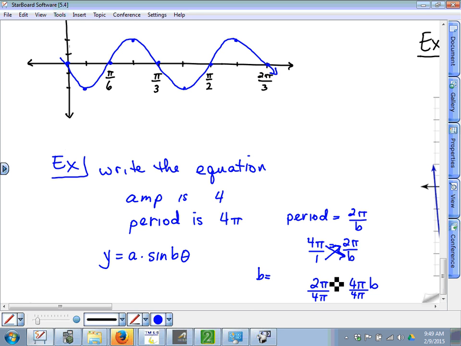So b equals, careful, what's 2 pi divided by 4 pi? The pi's would cancel. And then 2 divided by 4 is 1/2.